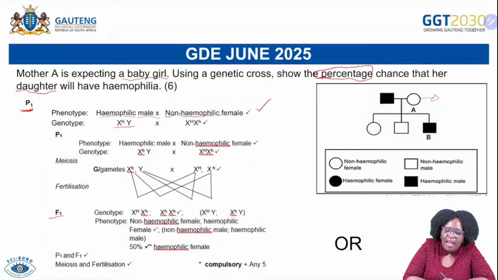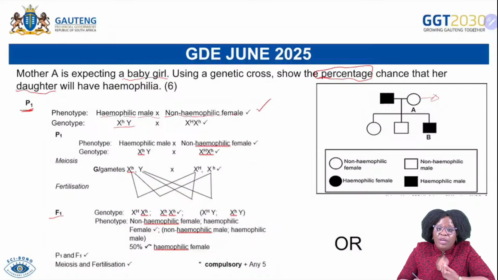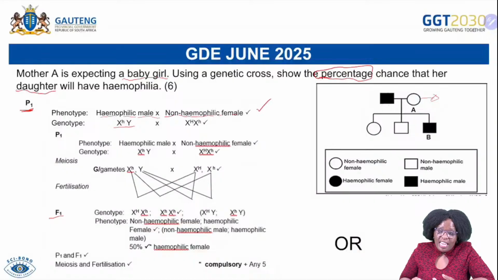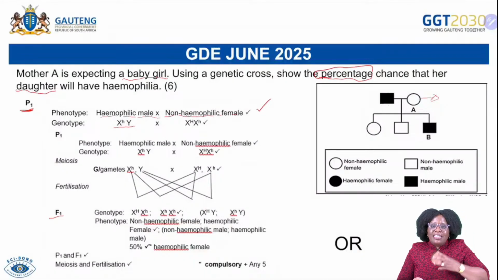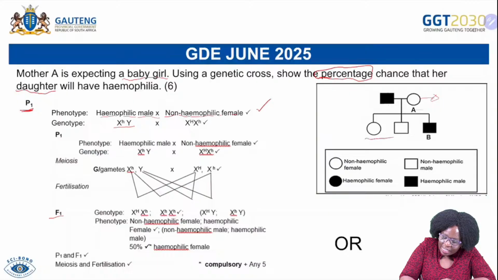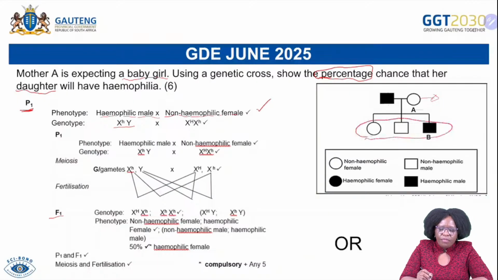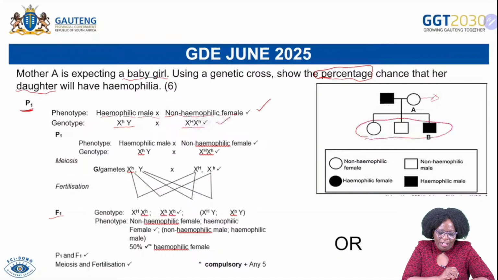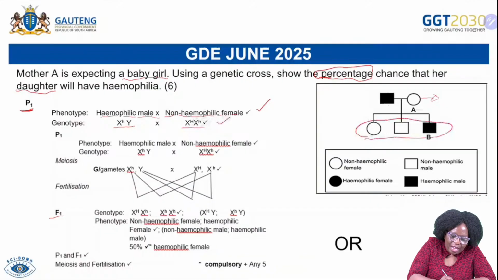Then we've got the non-hemophilic female, but this female we already know by checking the pedigree diagram, because she's non-hemophilic, yes, we agree, but she's heterozygous because of the outcome of her children in this generation. So this female here is going to be X, capital H, and X, small h. You score your mark immediately as well. Then that is your parental generation.